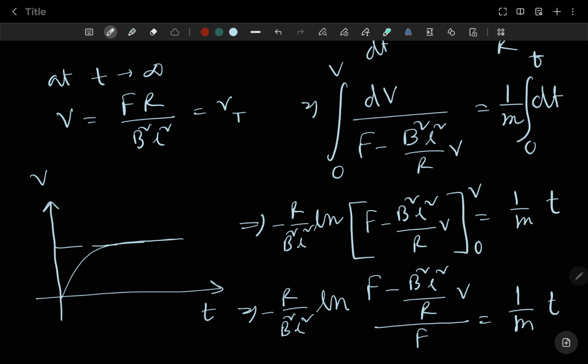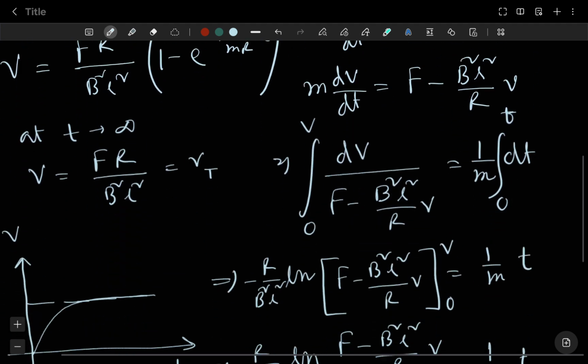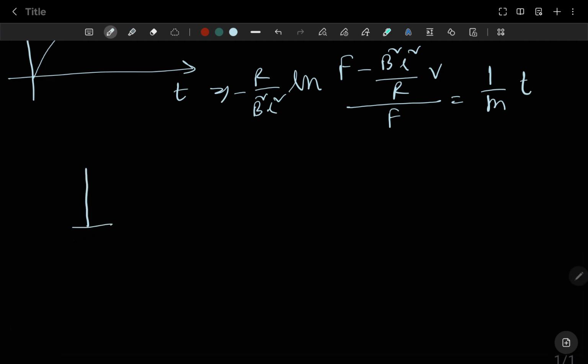Now if a capacitor is placed in place of the resistor, the same problem, it is given a force F. Now what will happen?